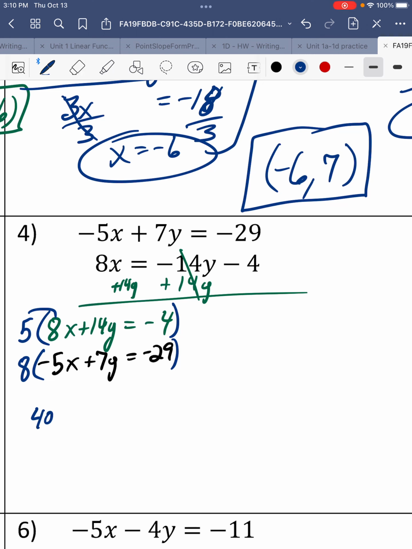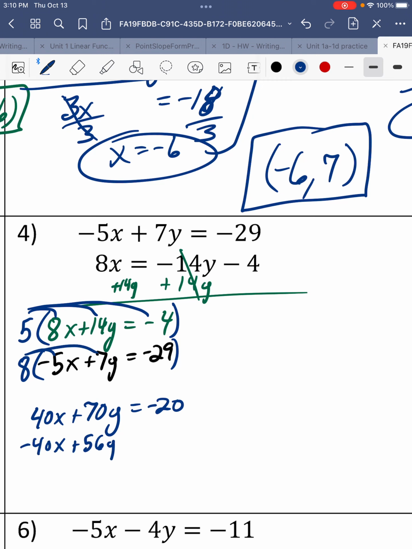So 5 times 8 is 40x, 5 times 14 is 70y, 5 times negative 4 is negative 20. Bottom equation is negative 40x plus 56y, and that's 161, oh my gosh, too big of a number, 232.